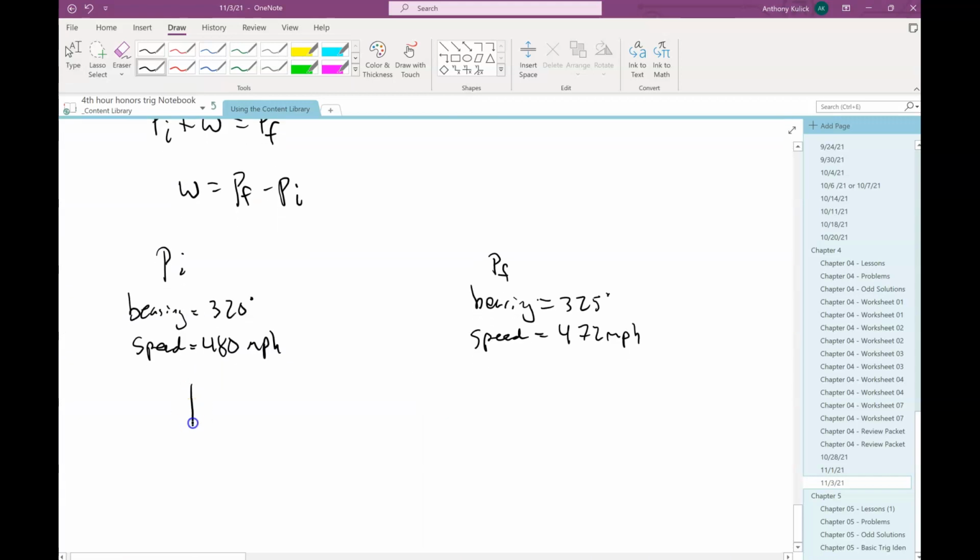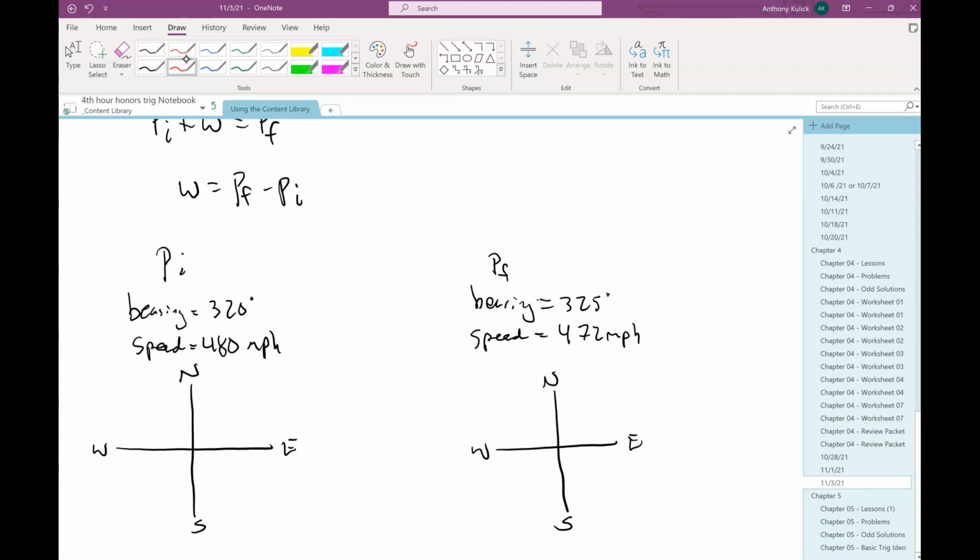So just like we did before, we'll draw our picture. We'll draw our bearings in here.